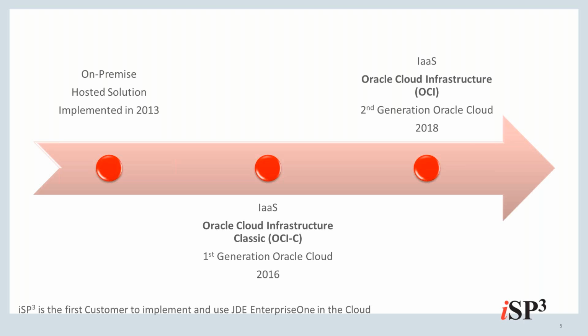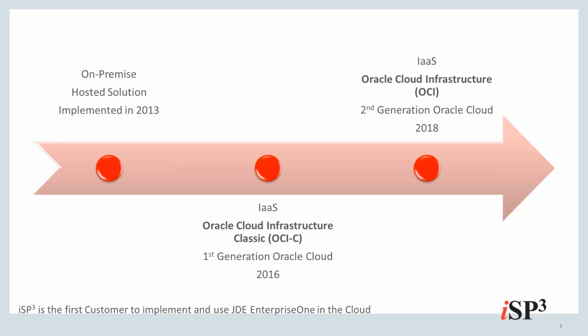We decided to move our on-prem JD Edwards instance to the Oracle Cloud to see how it works. In 2016, we successfully implemented it in the Oracle Cloud. We were one of the first to implement JD Edwards on the cloud in North America, something to be proud of.